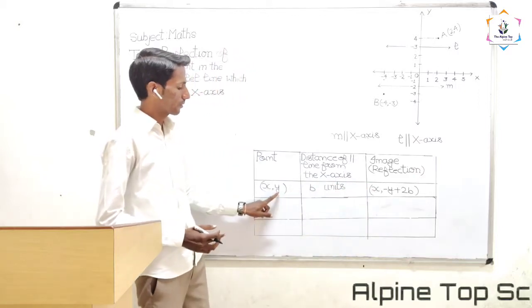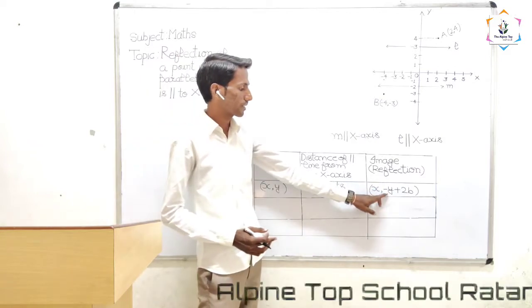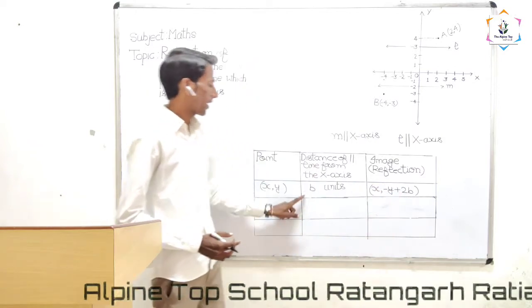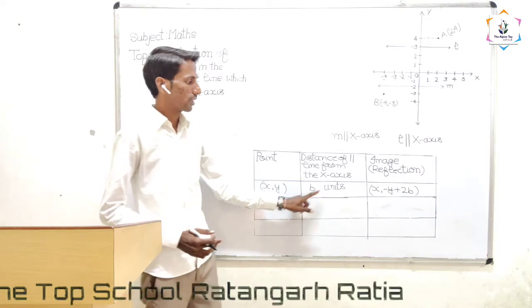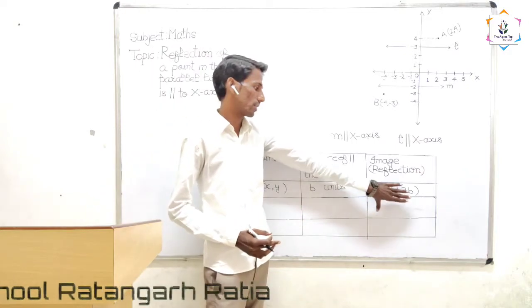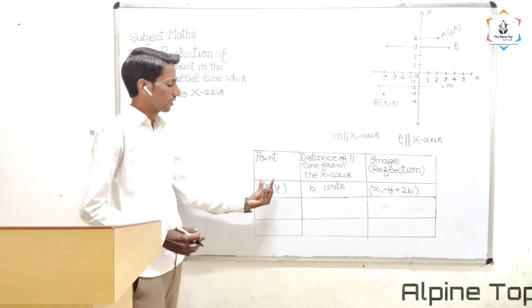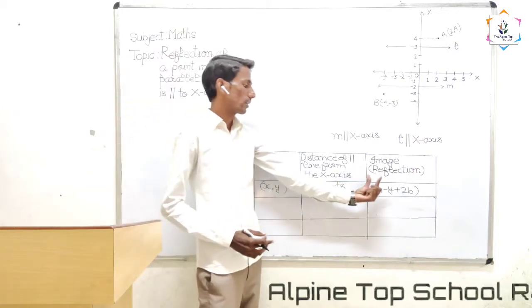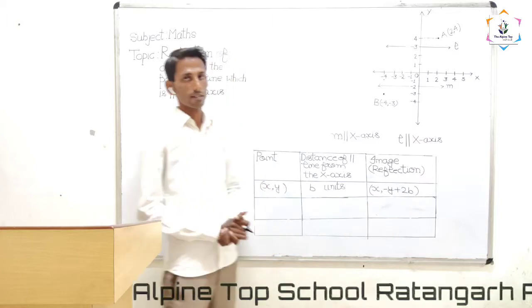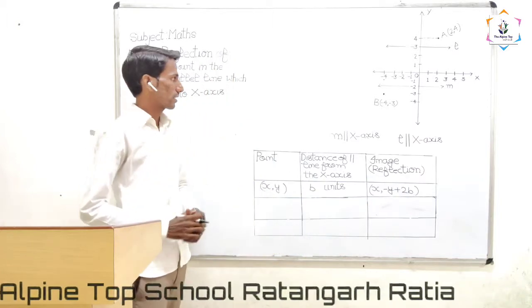After that, in the ordinate, you first multiply the ordinate by -1 and then add twice the distance. Then you will get the image or reflection of this point in the line parallel to the x-axis.